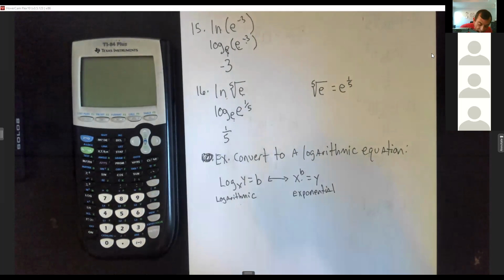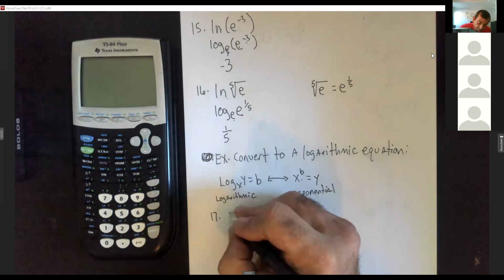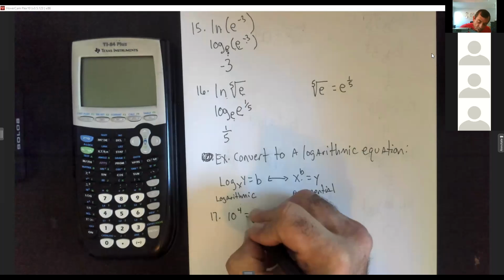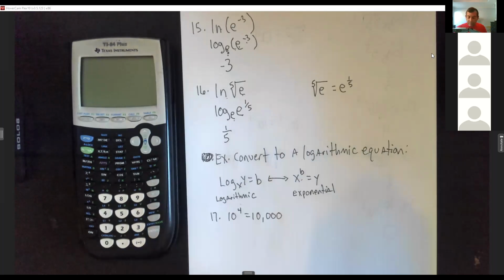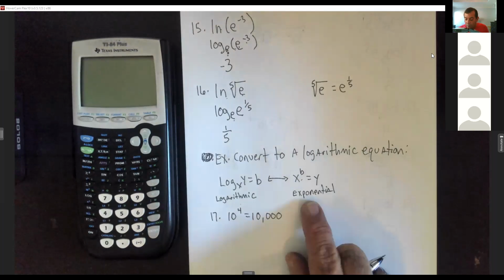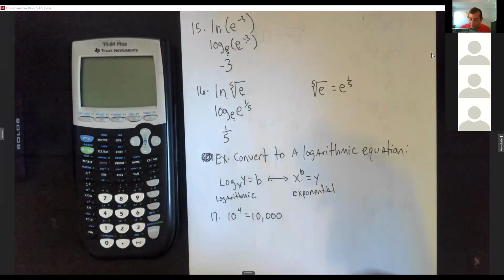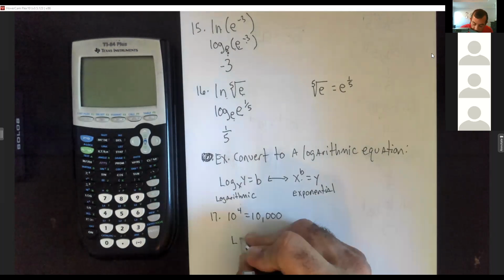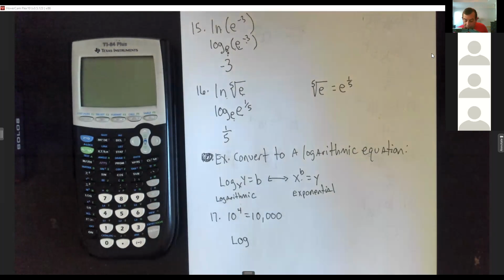On number 17, they got 10 to the fourth equals 10,000. So they want me to rewrite it from this exponential form into the logarithmic form. So to do that, I need to put my log. I need to figure out my base.